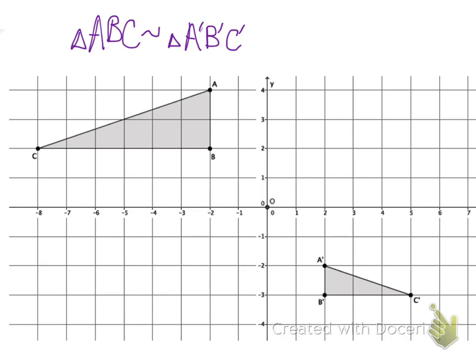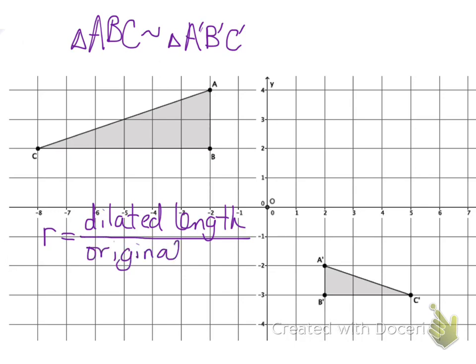If I wasn't able to just see that, maybe the numbers didn't come up as nice. Remember that the scale factor is always the dilated length, and we talked about this in a previous lesson, dilated length over the original length. And that will always work for us.